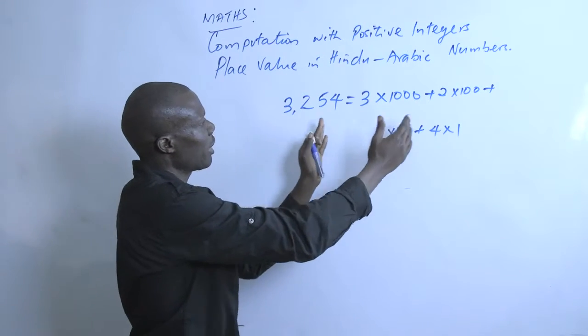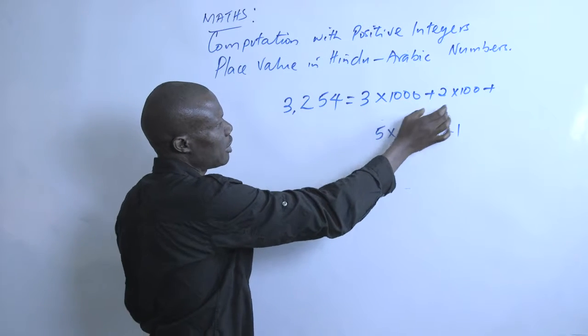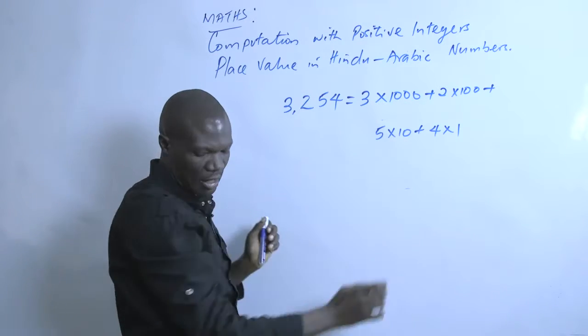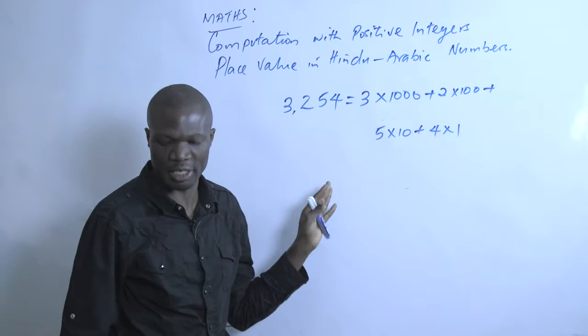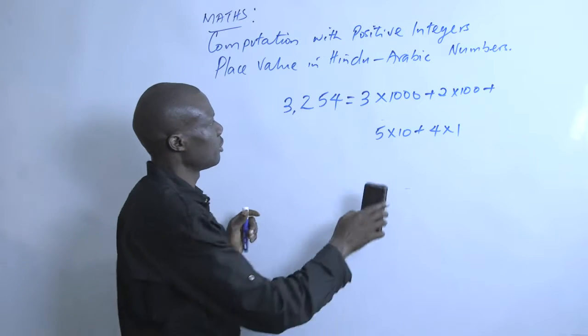Therefore, we need to know the location of each digit. How come we are breaking it into thousands, hundreds, tens, and ones? This can be illustrated as follows.